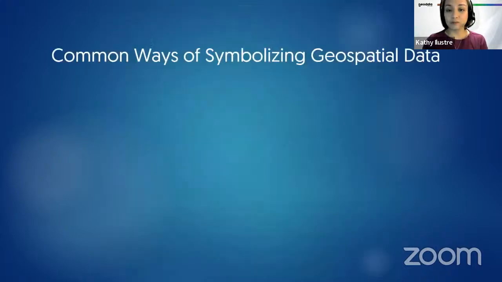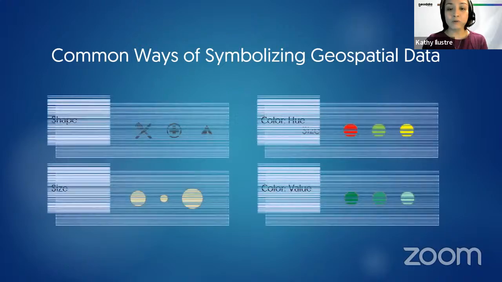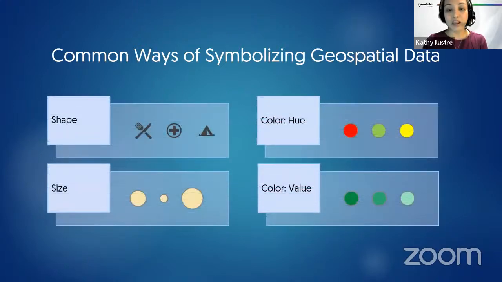As we have seen from the previous example, varying the components of the symbol allows the user to show an attribute of the real-world object on the map. Components of the symbol that can be varied to visually show differences in the objects or features include shape, size, and color.